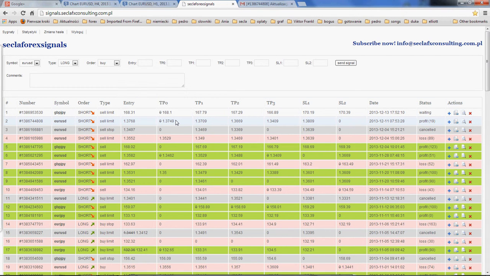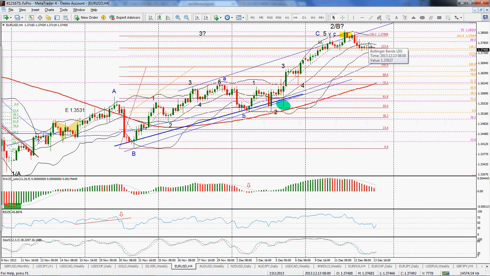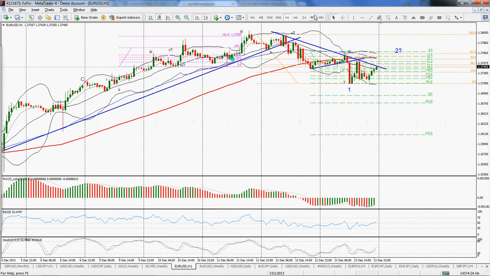Okay, so I ask you to not ignore my additional signals. If I send a TP0, it means that there might be something on the charts, and the market was indeed reacting to the situation.